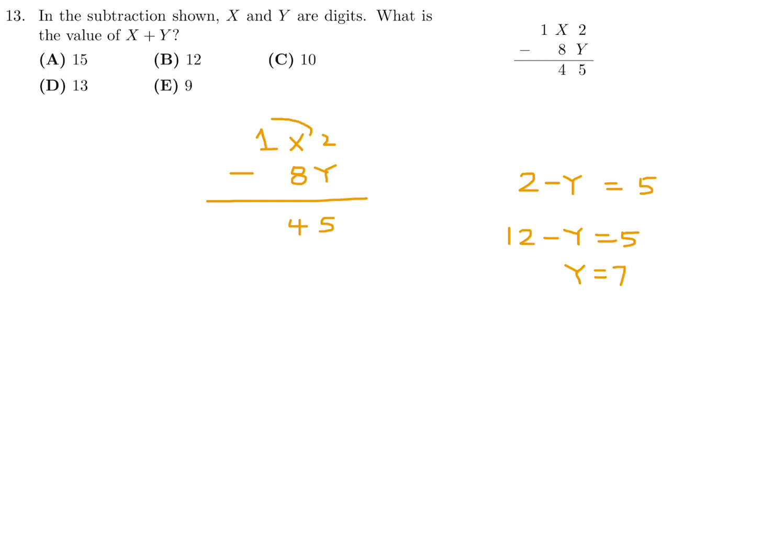Now we look at the remainder of the question, which is basically that guy, which is 10 plus x, but we carried, remember, to get the 12, so we had to take away 1 from that x, and then you subtracted 8 from it to get a 4. So if you do this math, you get that x is equal to 3.